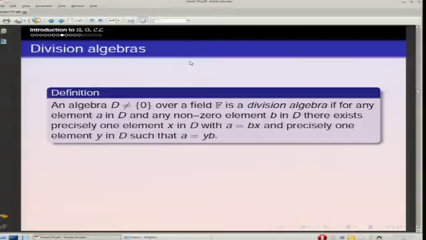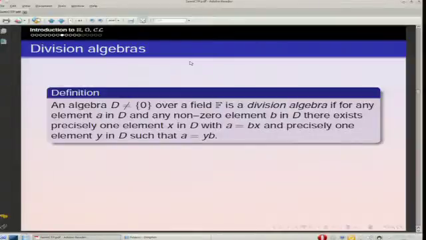And these are division algebras. Then Hurwitz and Frobenius proved that these are the only ones, as I said. You have a division algebra when you can find an element which is an inverse on the right, and an element which is an inverse on the left.